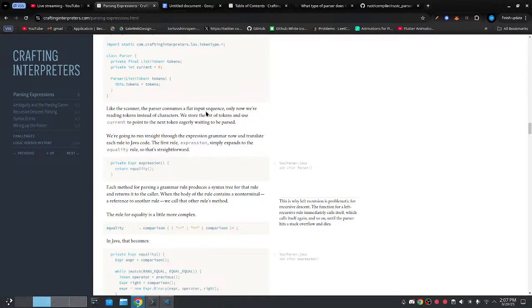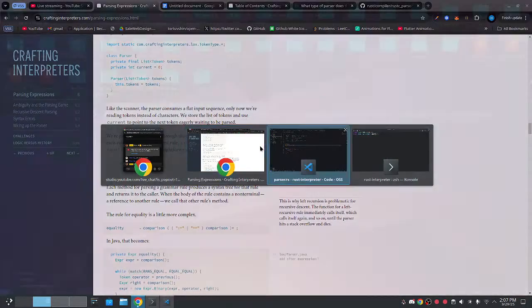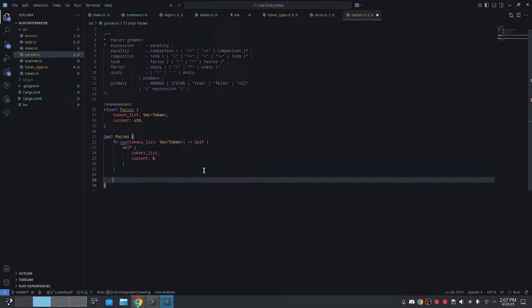We are going to run straight into the expression grammar now and translate each rule into Java code. The first expression rule simply expands to the equality rule, which is straightforward. Okay.